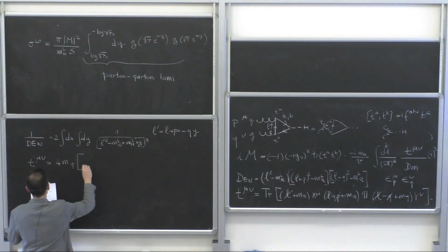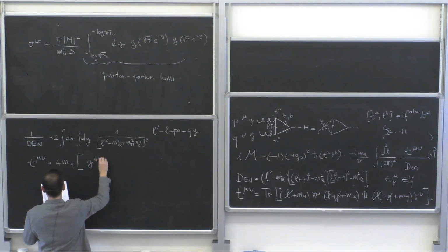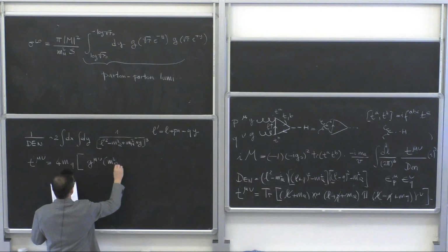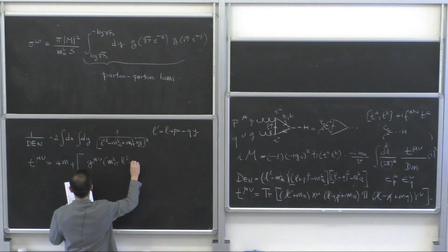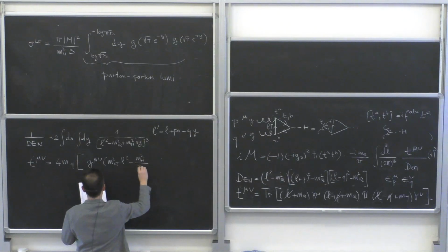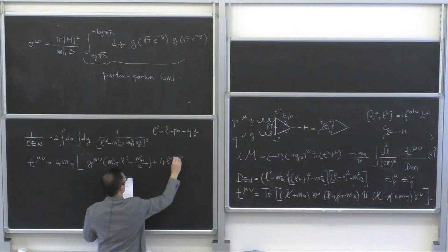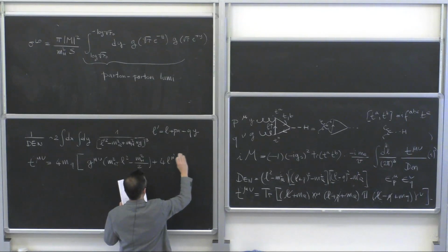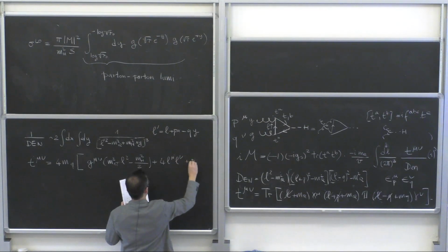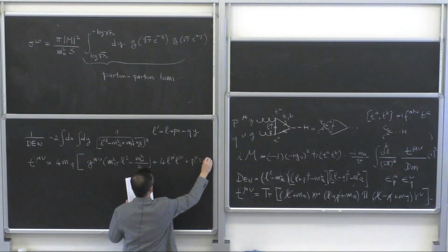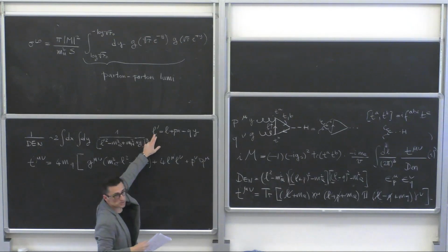So my trace is actually proportional to, so I do the trace then, a series of tensors. These are not primes yet. I still have not done this in the numerator.